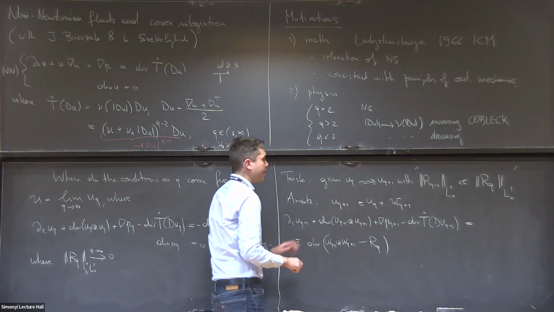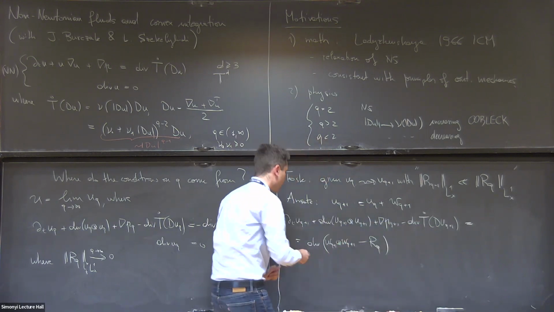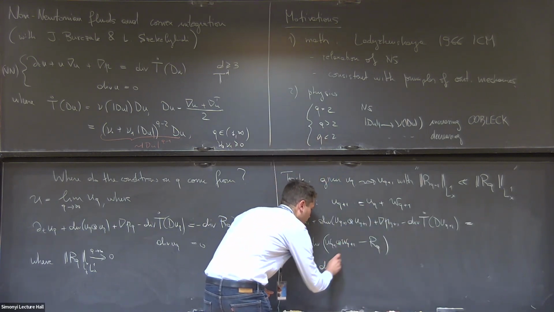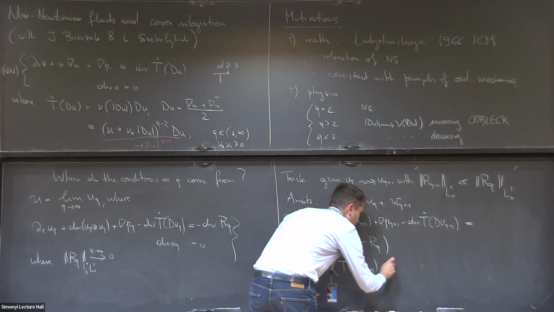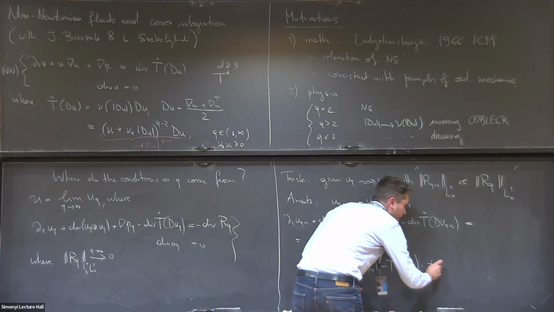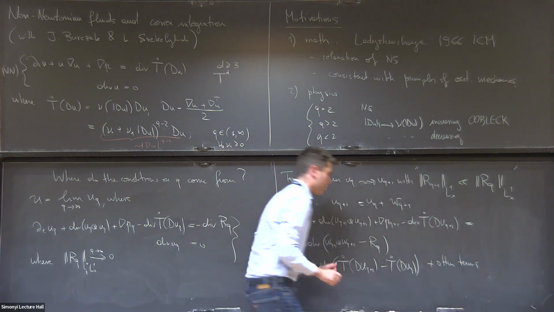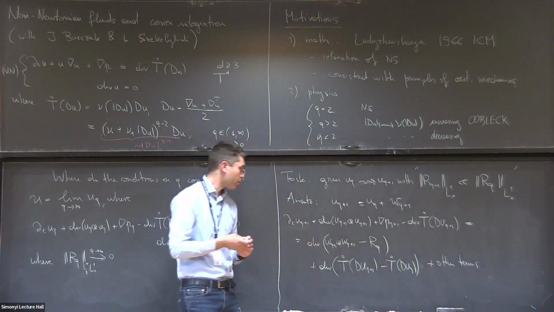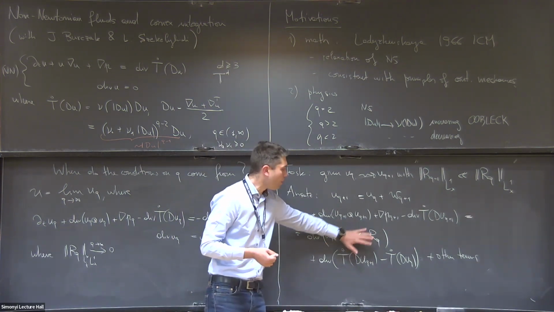Then there is a term coming from this tensor field, a term of the form divergence of T dot of DU_{q+1} minus T dot of DU_q. And then there are other terms which I'm not going to write today. One has to take care of them, but today we forget them. So we have these two main terms.